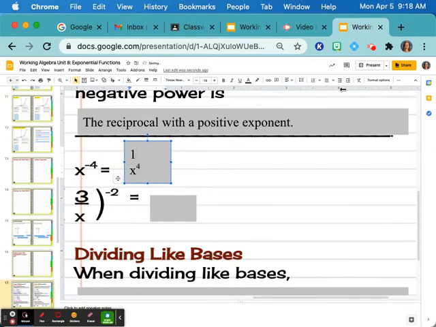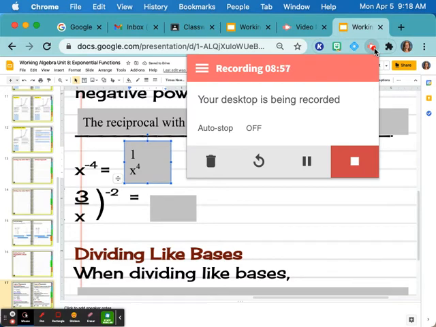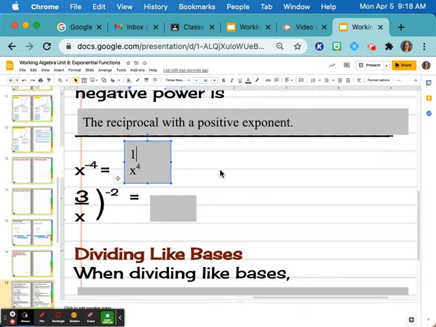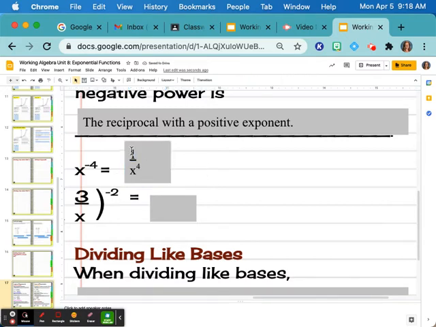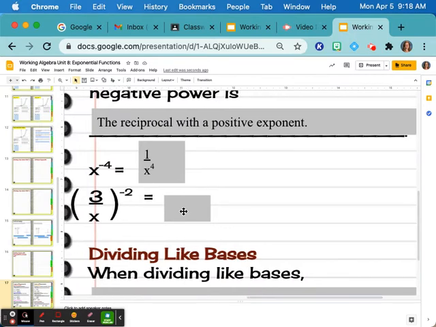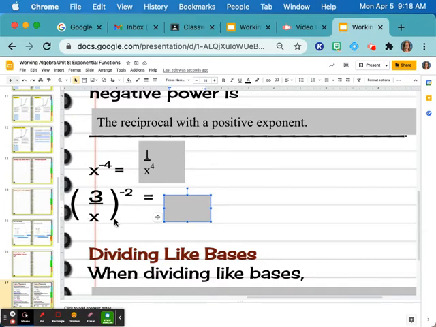Okay, so I'm going to make my fraction like this. So 1 over x to the 4. You can also leave it like the other way. Okay, and then the other one, we are going to flip it and change the power to a positive.